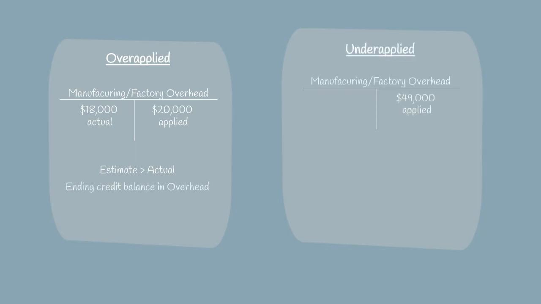If we applied more overhead than we actually had, so the estimate was greater than the actual cost, we overapplied, and the overhead account would have an ending credit balance. If we applied less overhead than we actually had, so the estimate was less than the actual cost, we underapplied, and the overhead account would have an ending debit balance.